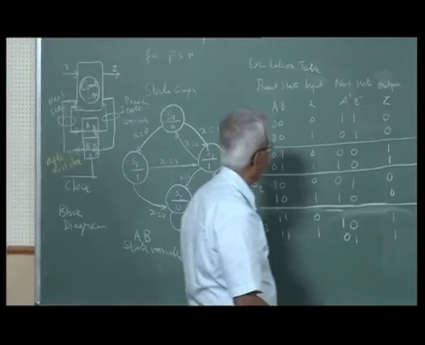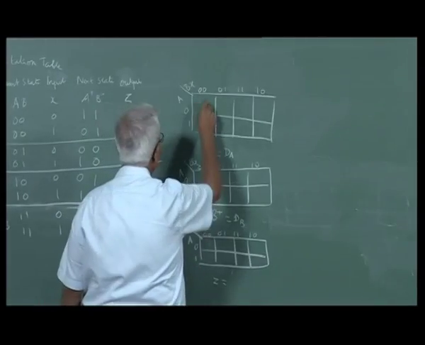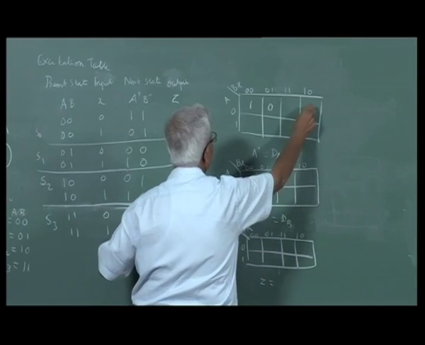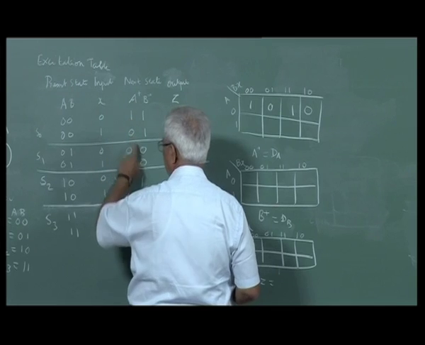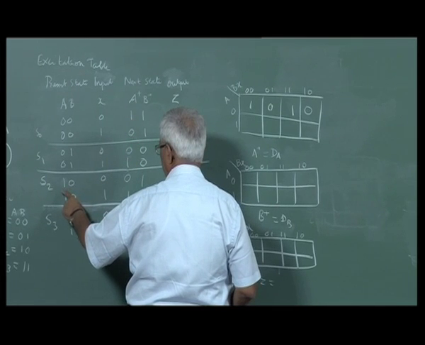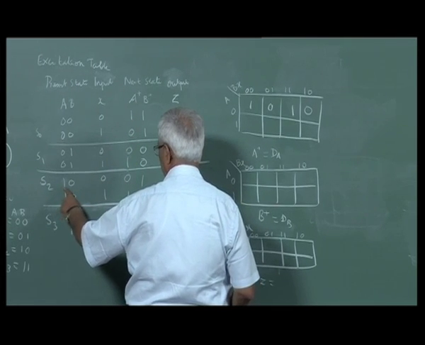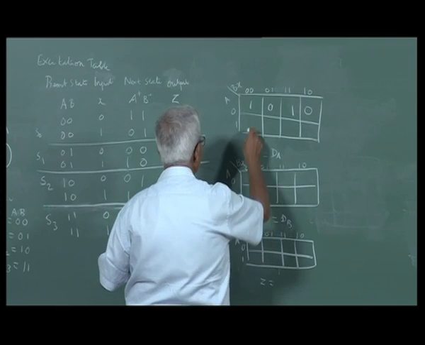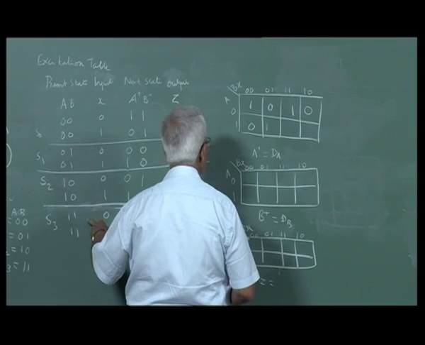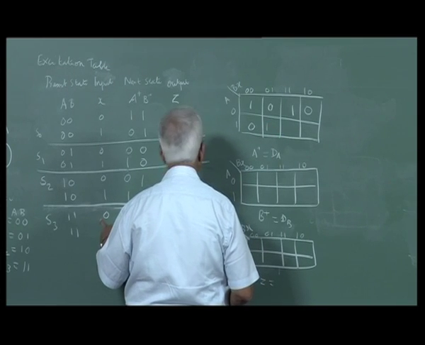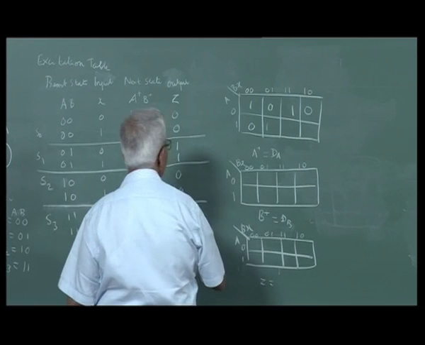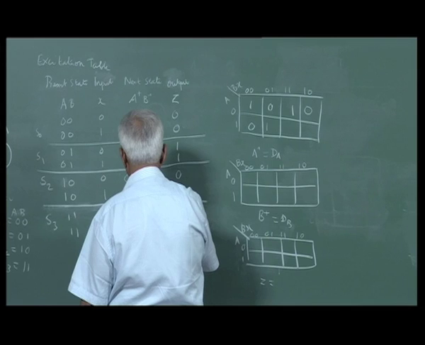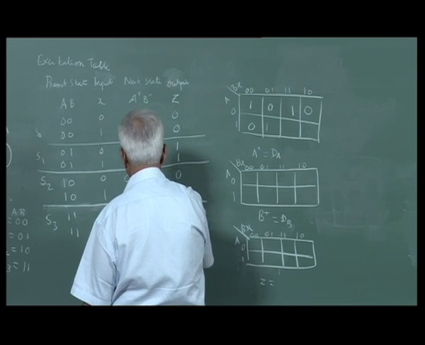So you draw A plus here: 1, 0, 0, 1; 1, 0, 0, 1; 1, 0, 0, 1; 0, 1; 1, 0.